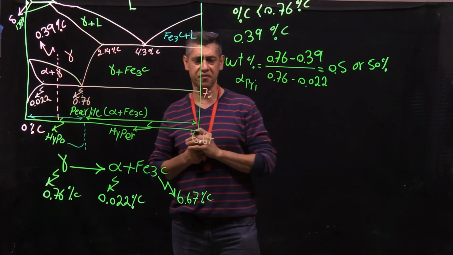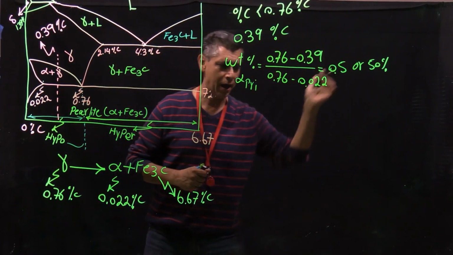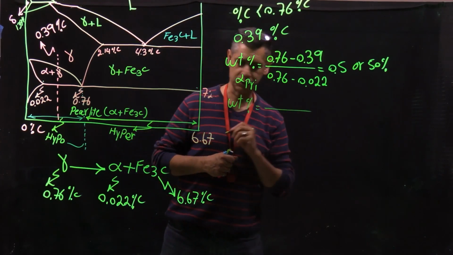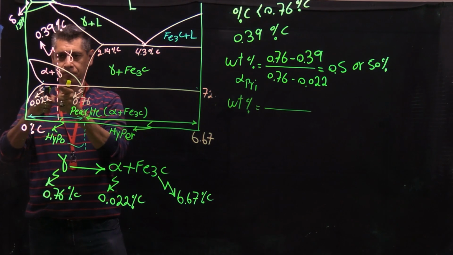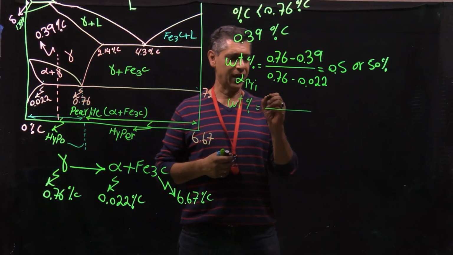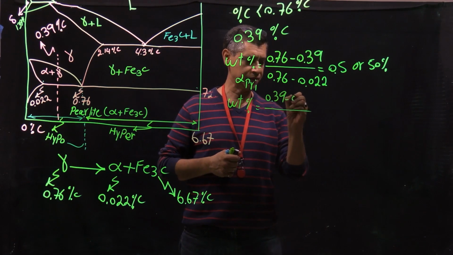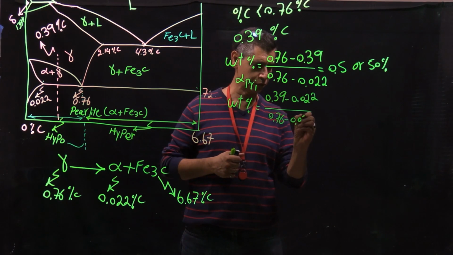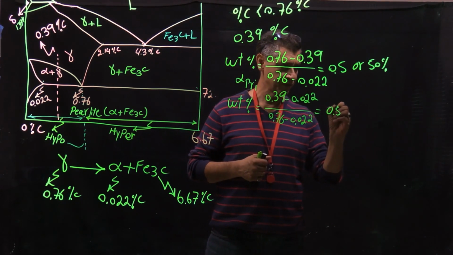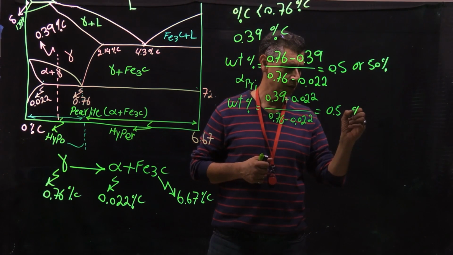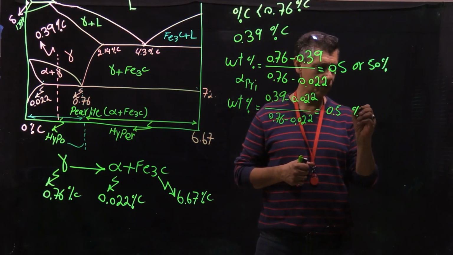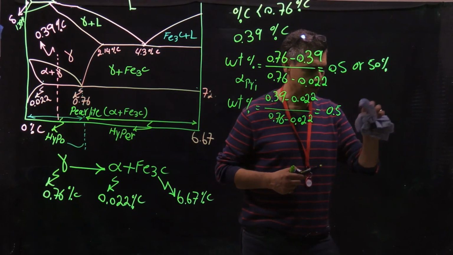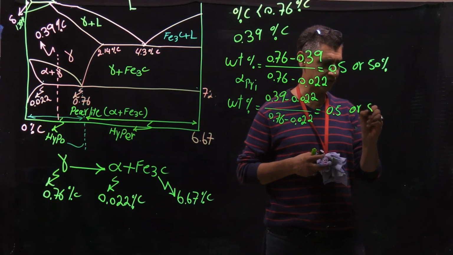50% is primary ferrite. How much is the austenite? I can write that it's going to be another 50%, but just for double checking, it is this length over the entire length. So that is 0.39 minus 0.022 divided by 0.76 minus 0.022, and this is going to be 0.5, or 50%.